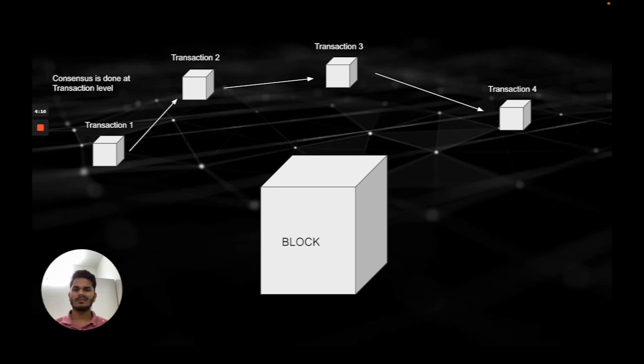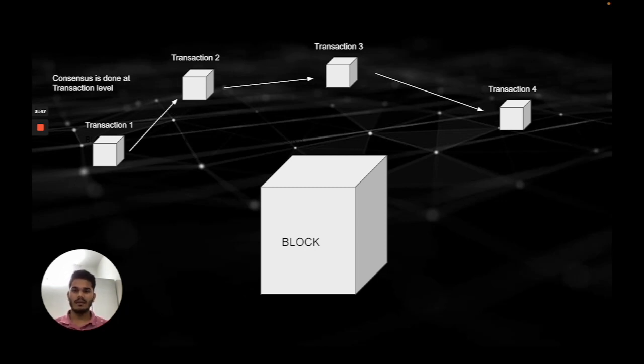Proof of quorum is basically this: let's say there are 5 nodes in the consensus, and when transaction 1 is passed to these nodes, they validate this transaction. Let's consider that 3 of the 5 nodes voted yes and validated this transaction.